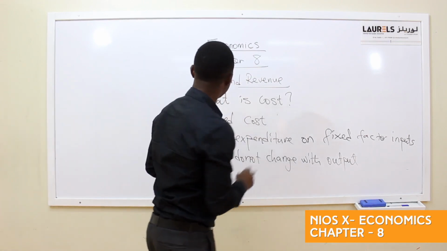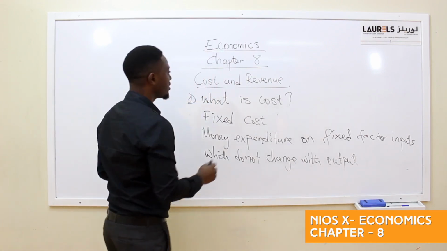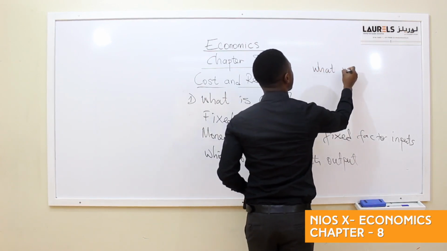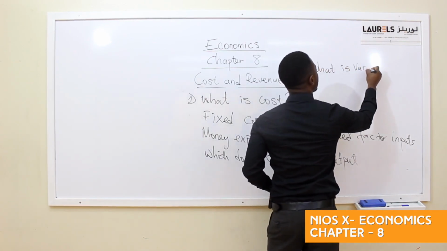So next type of cost we would look at is the variable cost. What is variable cost?